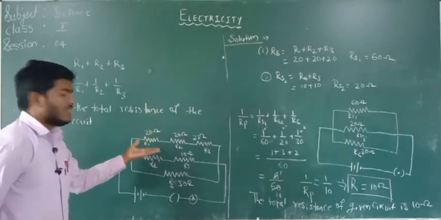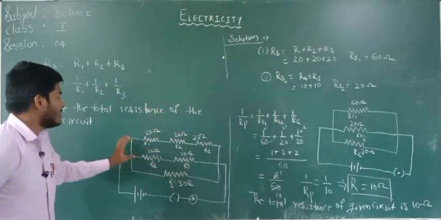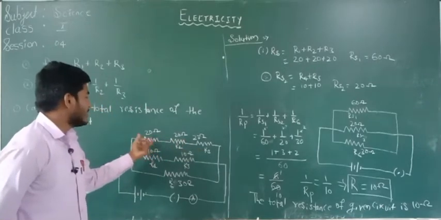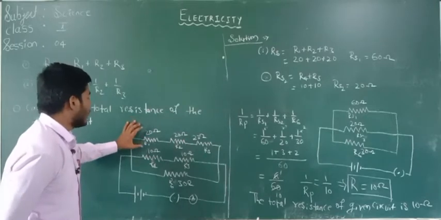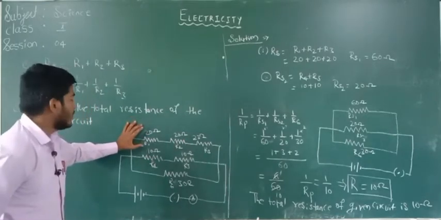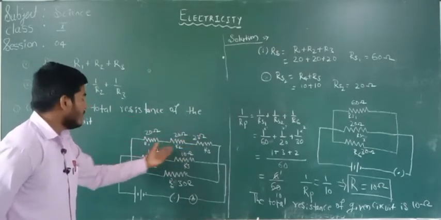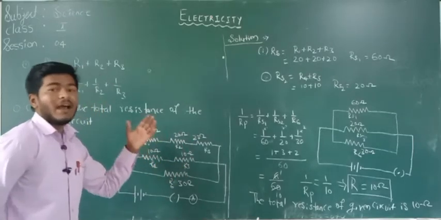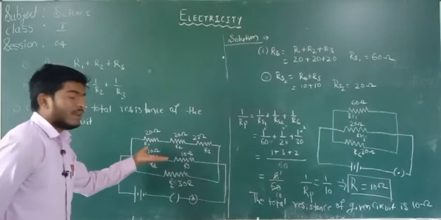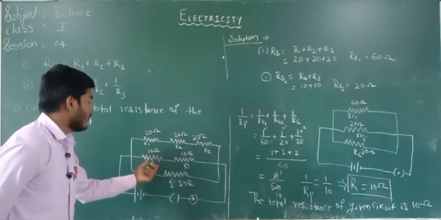Here the easiest way to calculate is, first we convert R1, R2, R3, which are in a series connection. We calculate the equivalent resistance of these three resistors. Again R4 and R5 are in series connection, and we also calculate the equivalent resistance of R4 and R5.